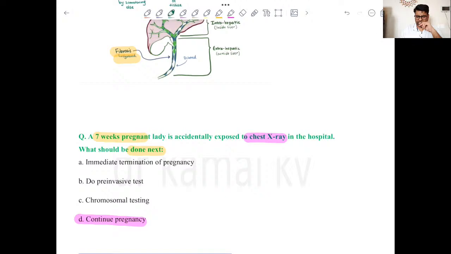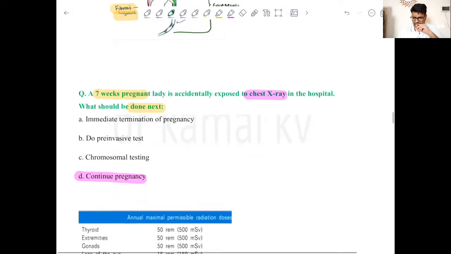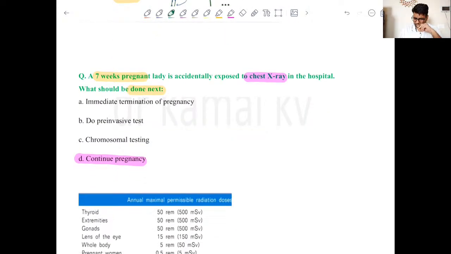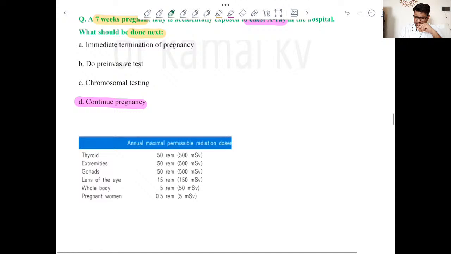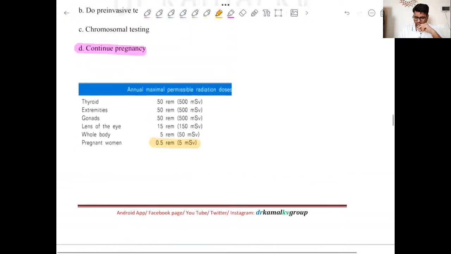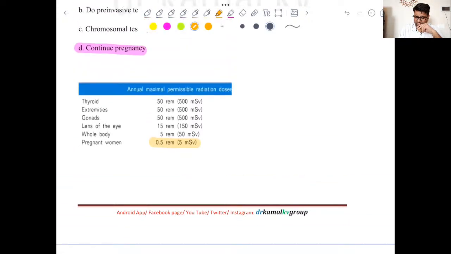There is a level of radiation exposure, and if the radiation exposure is below the level which is found to be alarming, we need not worry, we can continue with the pregnancy, right? The limit is 0.5 rem or 5 millisievert, and this is the permissible dose in a year.